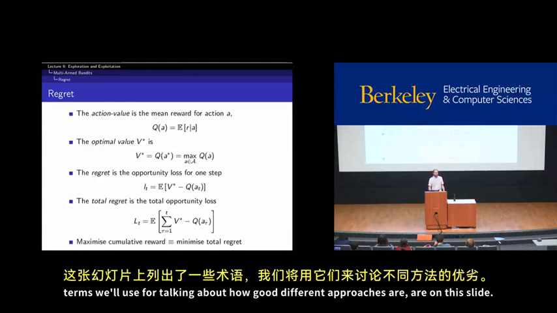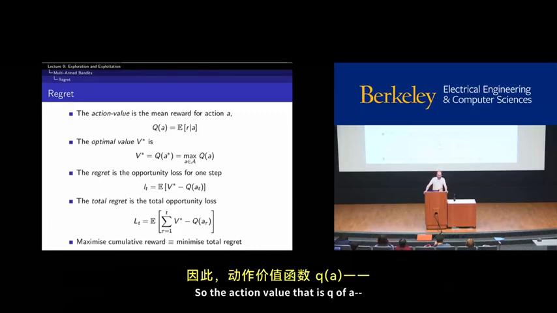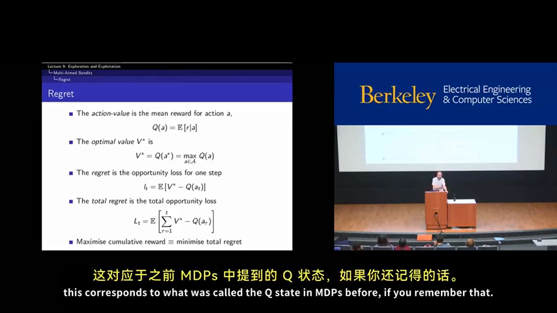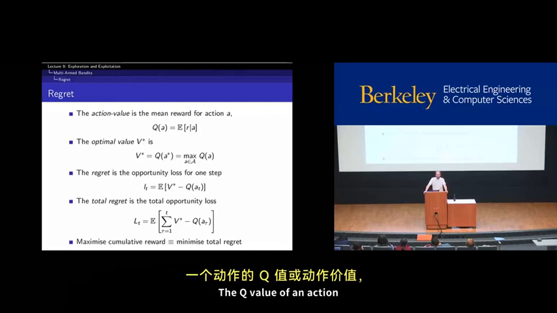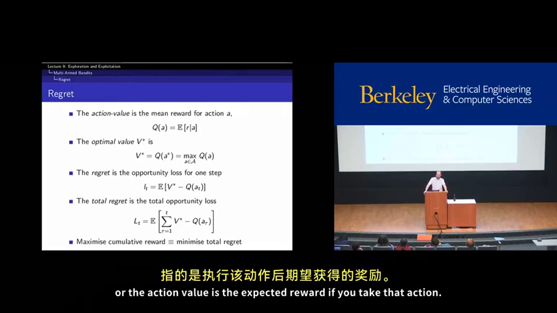Some terms we'll use for talking about how good different approaches are on this slide. So the action value, that is Q(a), this corresponds to what was called the Q state in MDPs before, if you remember that. The Q value of an action, or the action value, is the expected reward if you take that action.